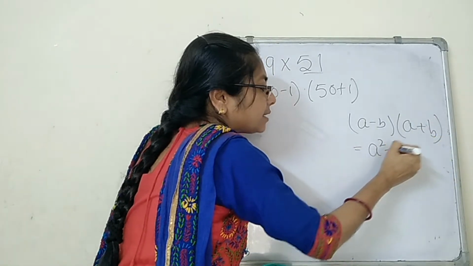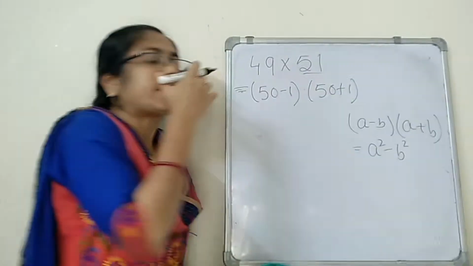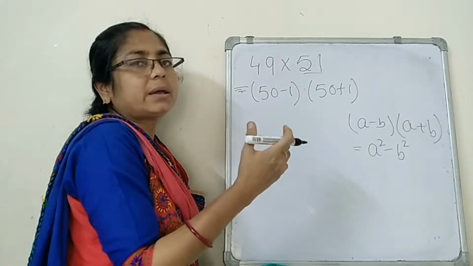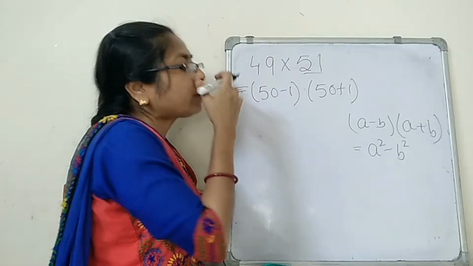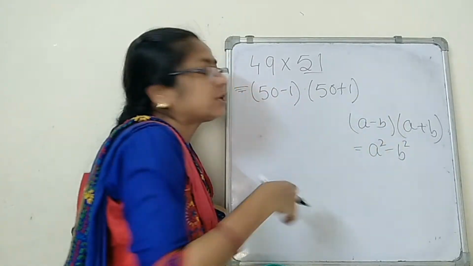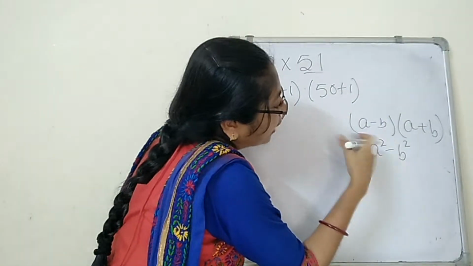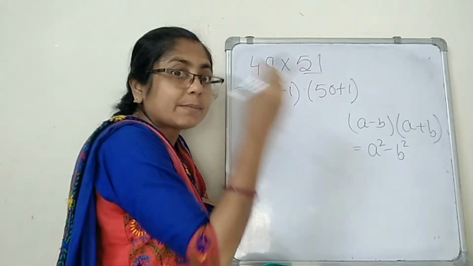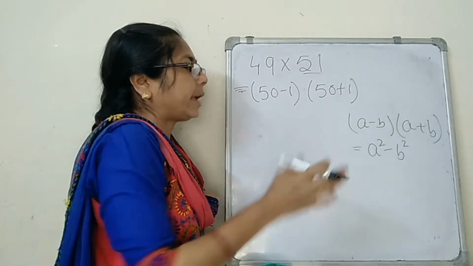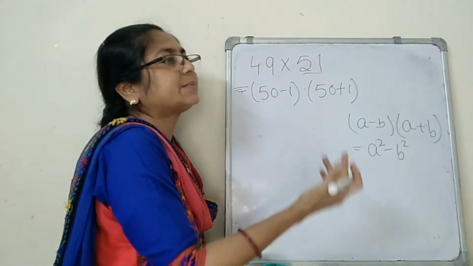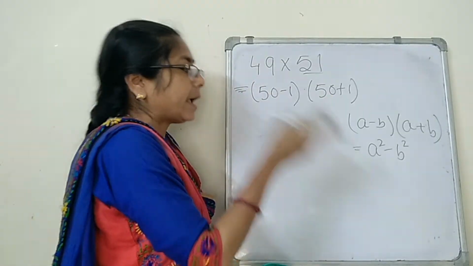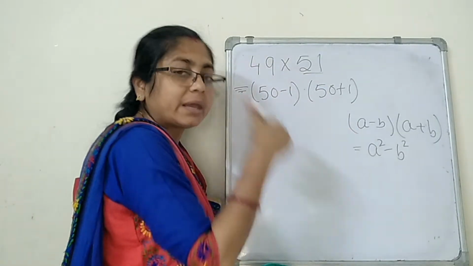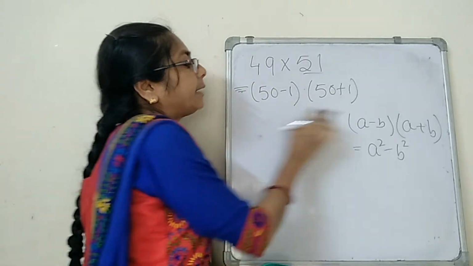A square minus B square. In the previous class, I told A plus B into A minus B. Now, anybody asks me, why do you write A minus B and A plus B next? It is multiplication. So, A plus B first, A minus B second. It is right. A minus B first into A plus B, it is also right.